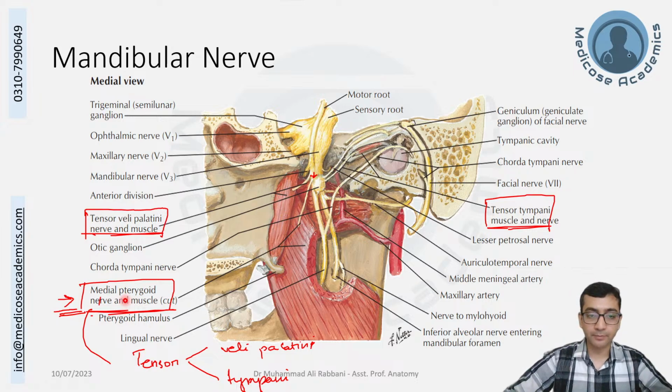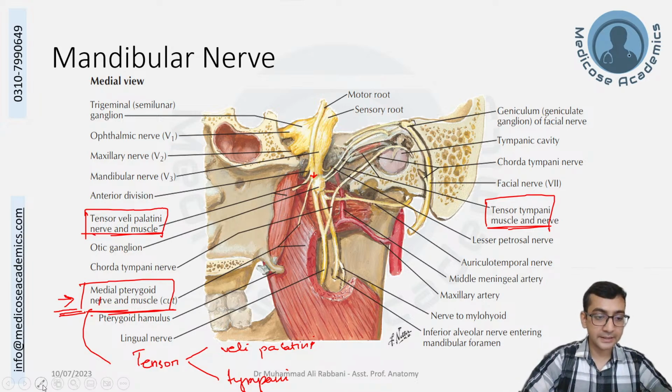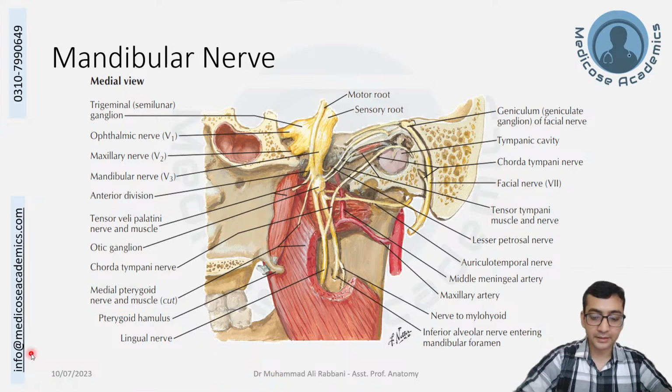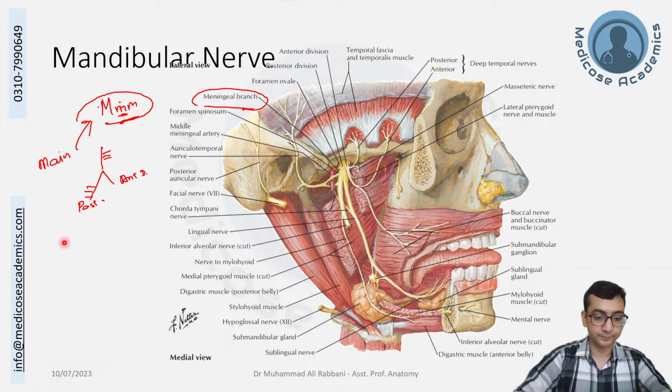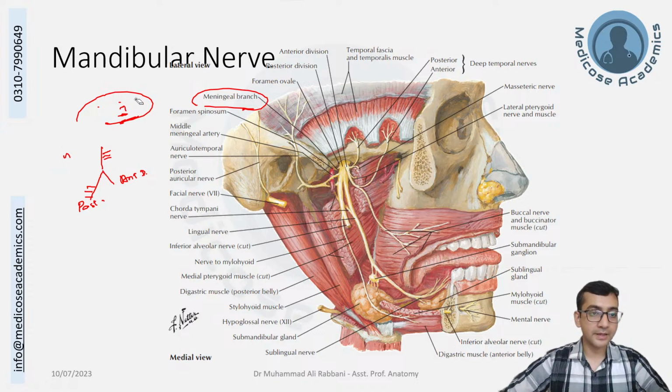Along with it, it supplies the two muscles which have the name tensor in them, the tensor veli palatini and the tensor tympani. So this is the main trunk of the mandibular division. Okay, let's move to the anterior.